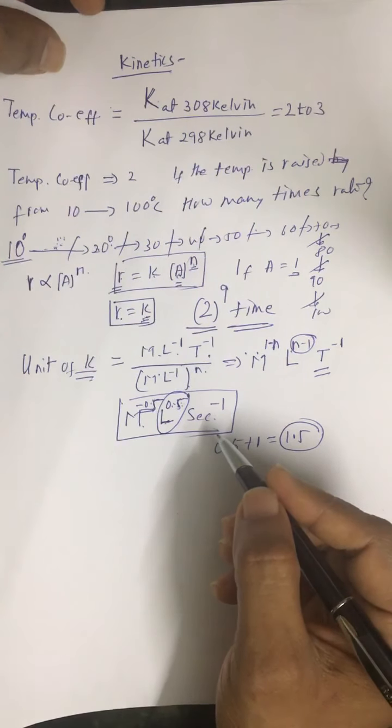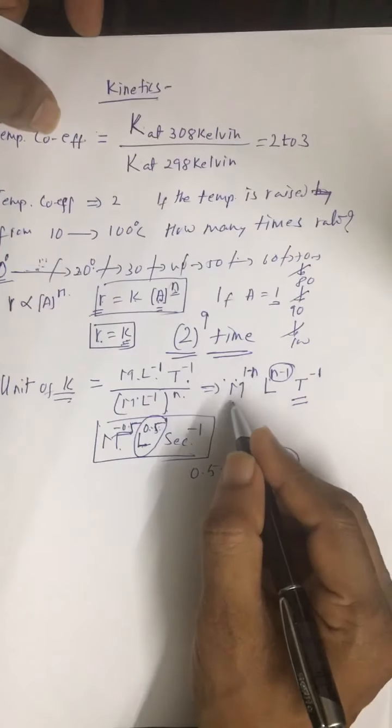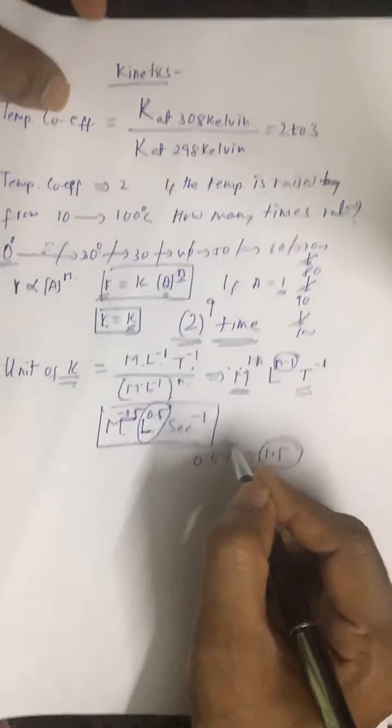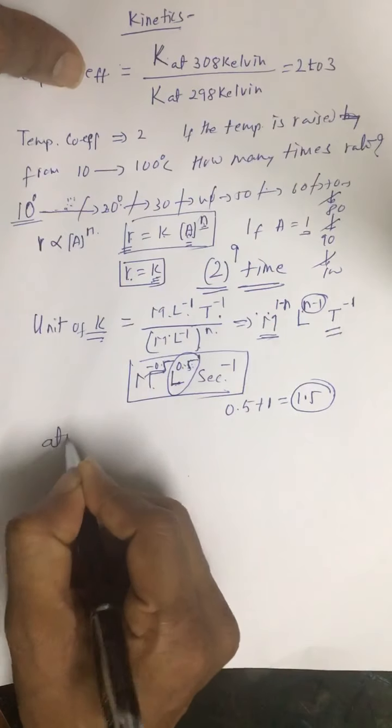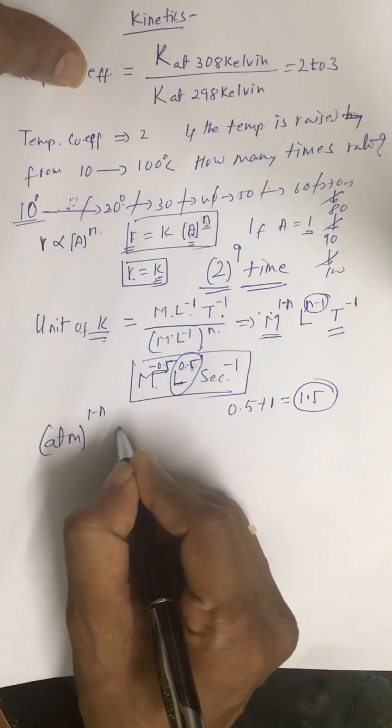And if gaseous reactants are involved, then the unit becomes atmosphere to the power 1 minus n per time.